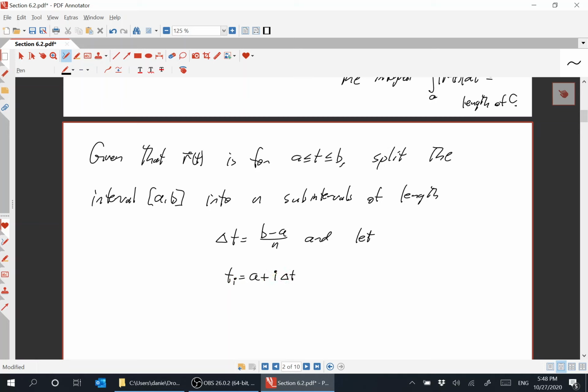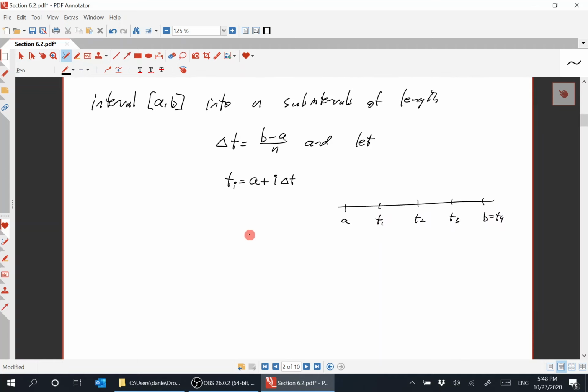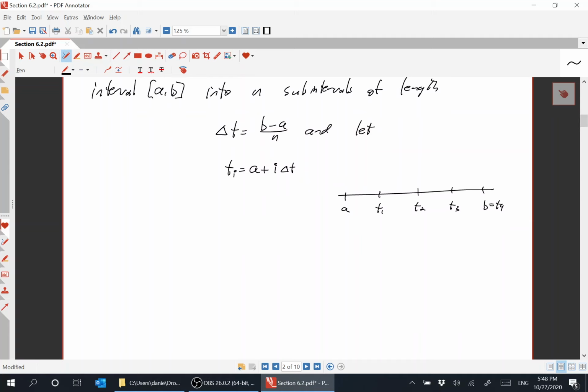So we're splitting up the interval from a to b into these familiar subintervals. Same kind of trick we've been doing. T1, T2, T3, and then B is T4 in this case.